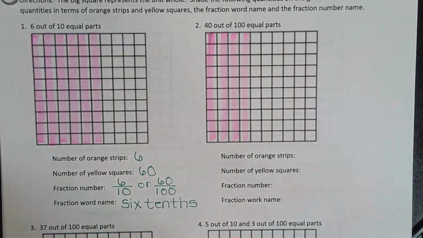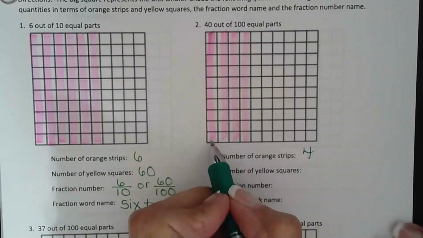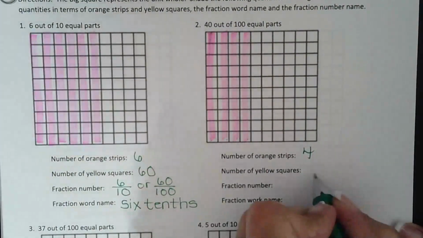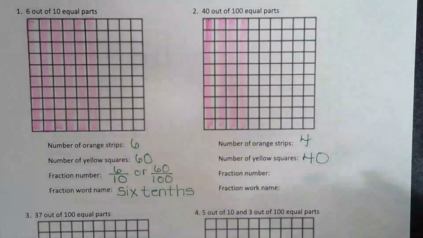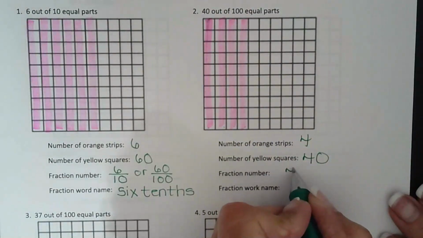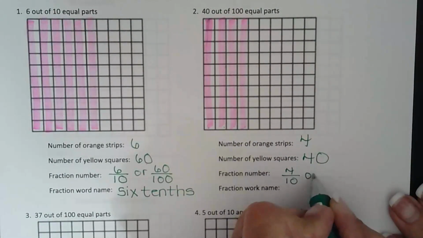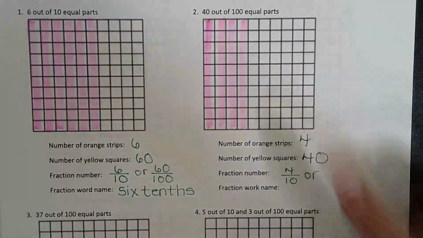That would be 4. How many yellow squares would that be? 10, 20, 30, 40. And we could write the fraction name in 2 ways. 4 out of 10 strips, or 40 out of 100 squares.